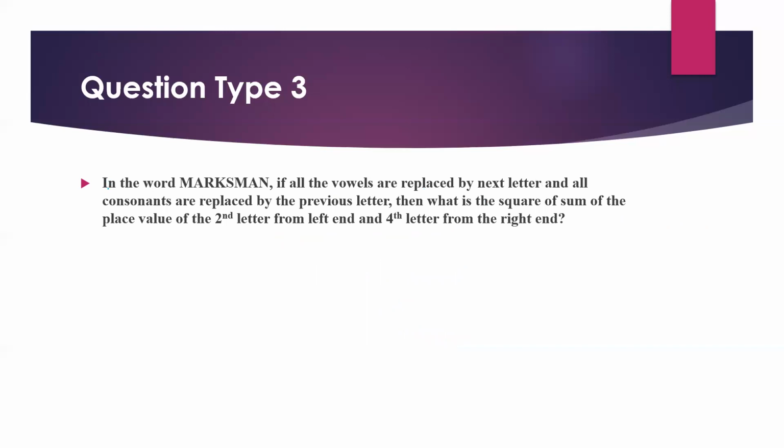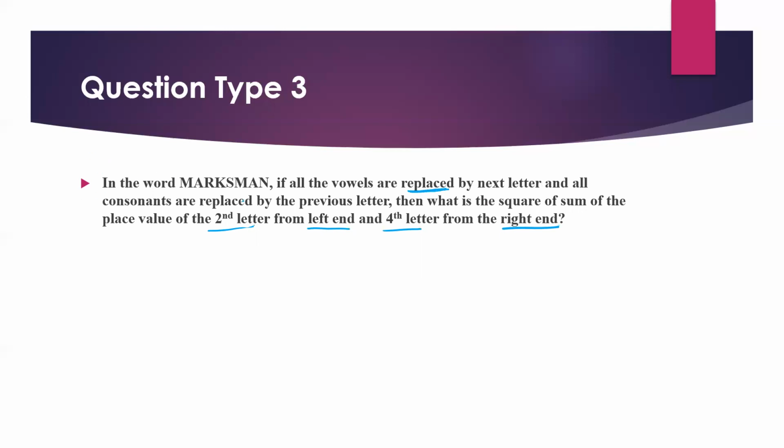So in this question, what is it asking? In the word marksman, if all the vowels are replaced by the next letter, so what we have to do is replace that letter by the next letter, and all the consonants are replaced by the previous letter. Okay, then what is the square of the sum of the place values of the second letter from the left hand and the fourth letter from the right?